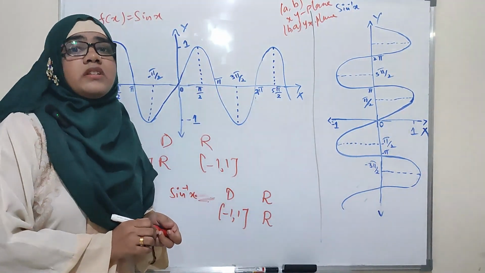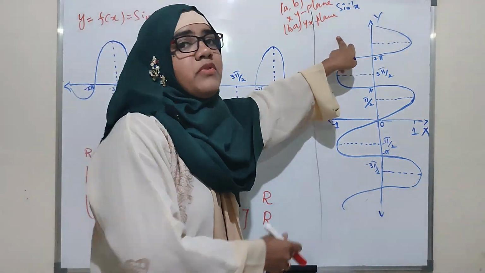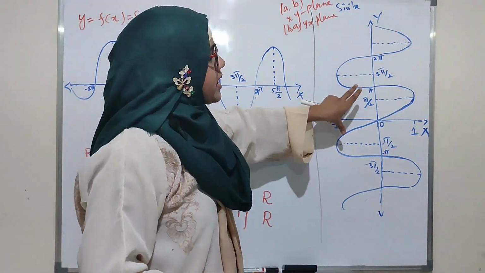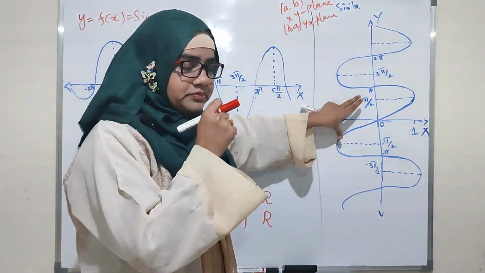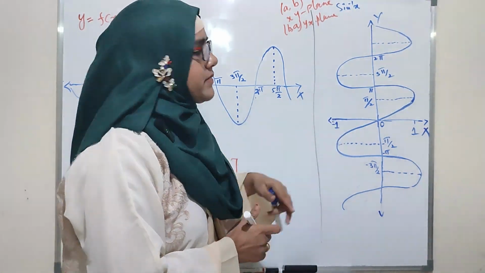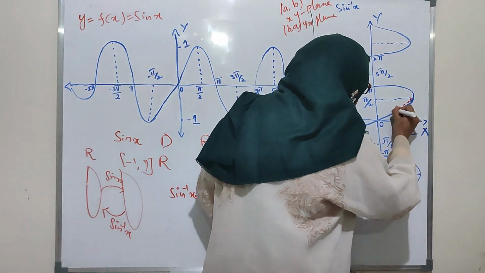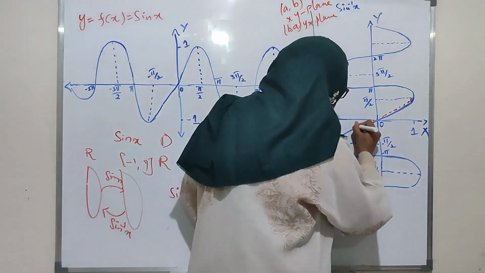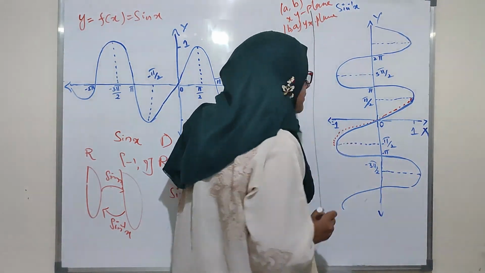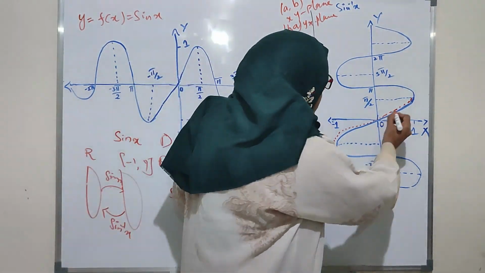So we have to restrict this. To make this function one-one, we have to take some values for which the function becomes one-one.